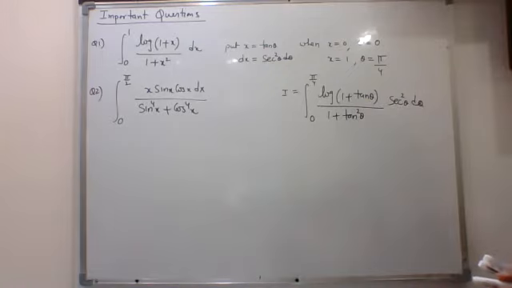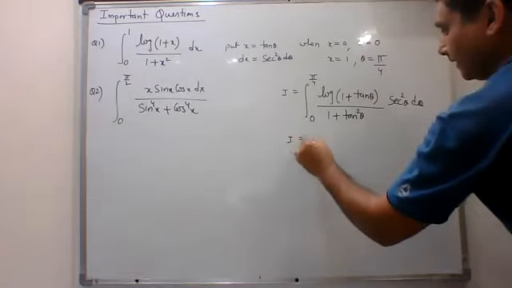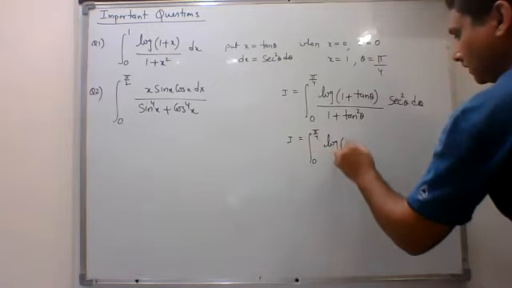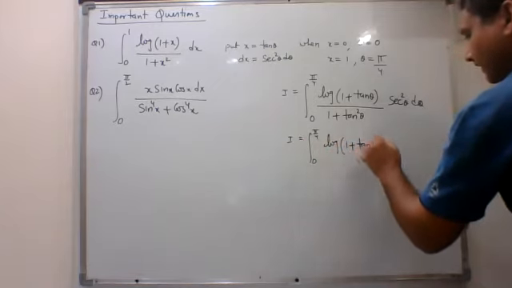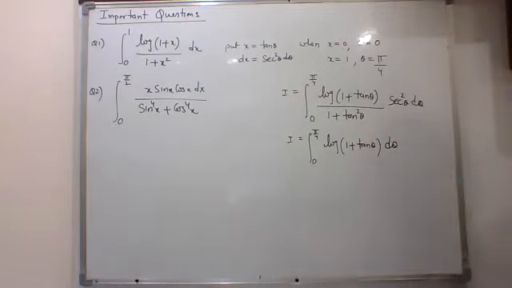After this, if you analyze that, this can be rewritten as 0 to pi by 4 log(1 + tan theta) d theta, because 1 plus tan square theta is simply sec square theta.